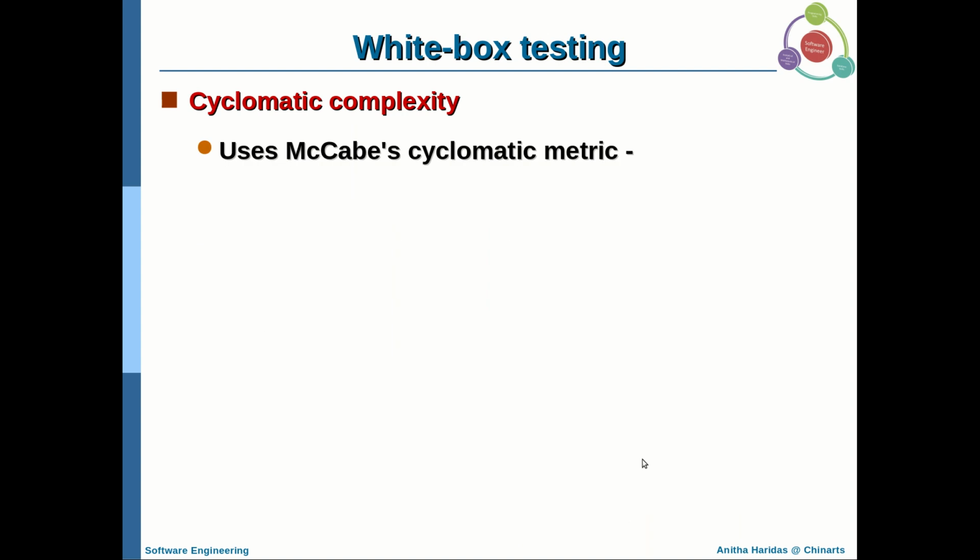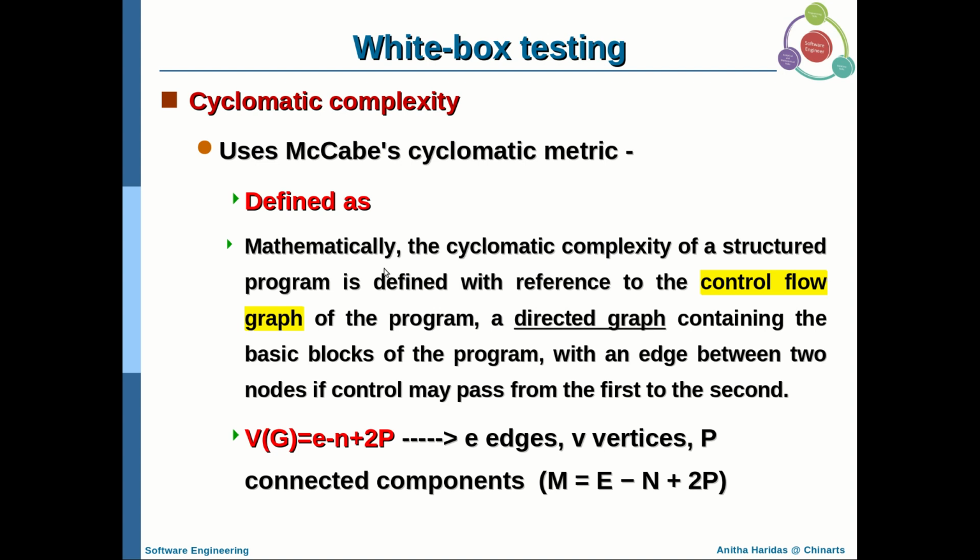This complexity measure uses McCabe's cyclomatic metric, and the metric is defined mathematically. The cyclomatic complexity of a structured program is defined with reference to the control flow graph. In our previous video, we have discussed what you mean by a control flow graph. A control flow graph is nothing but a directed graph that contains the basic blocks of the program.